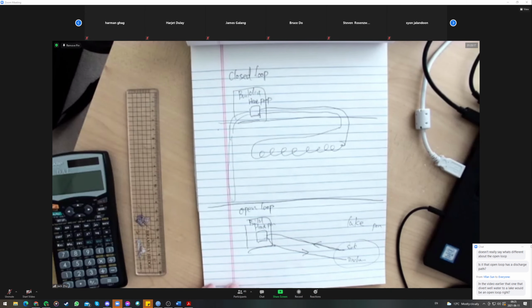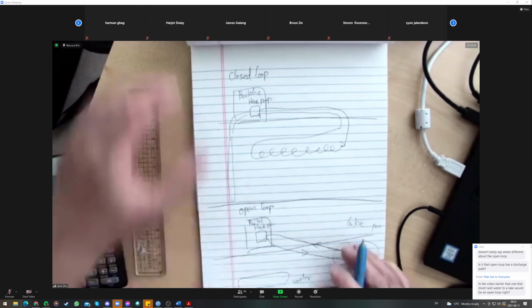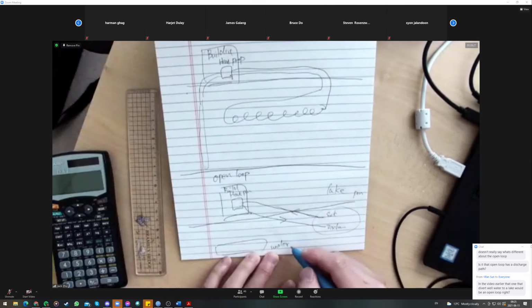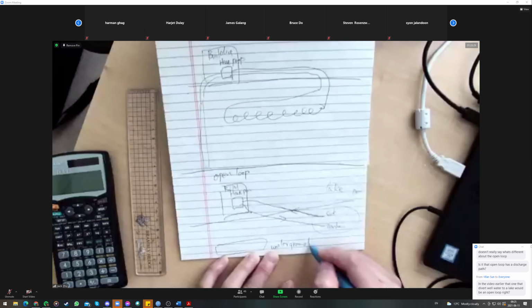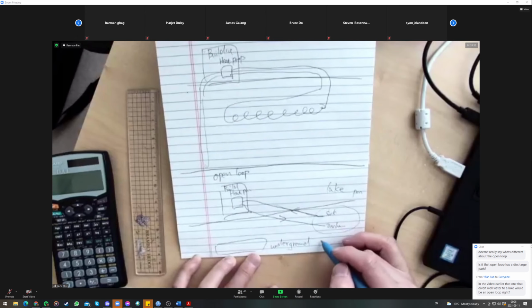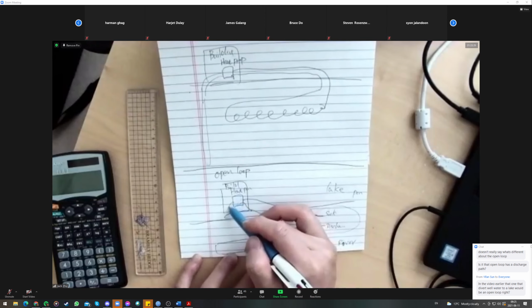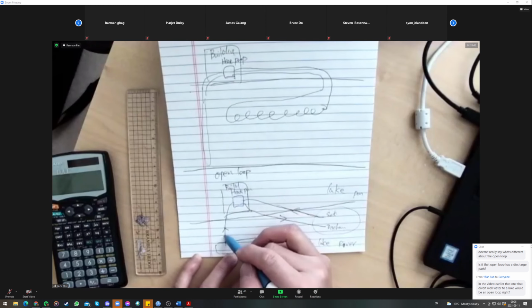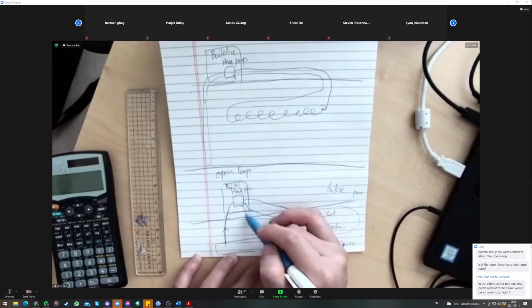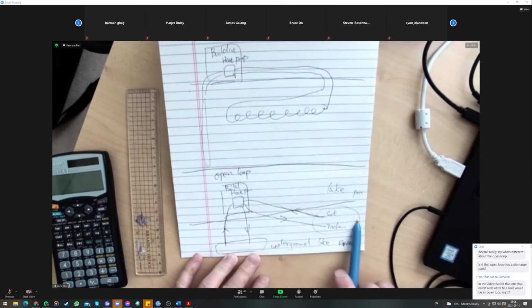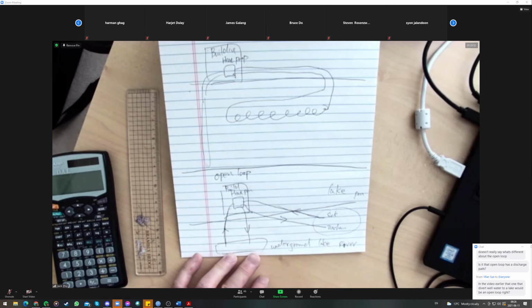Another one is, here's the ground. You have an underground, either a lake or a river. Then you can also take in the water from one pipe, then discharge the water from another pipe. Or you can even take the water from here and discharge it to another place.